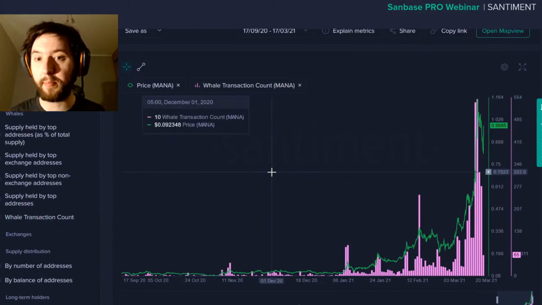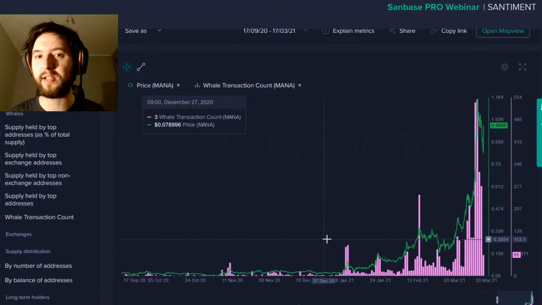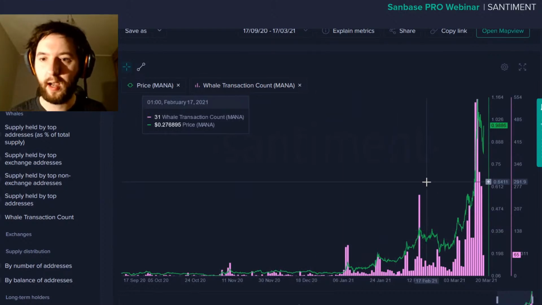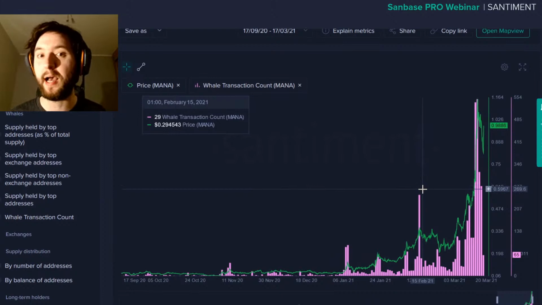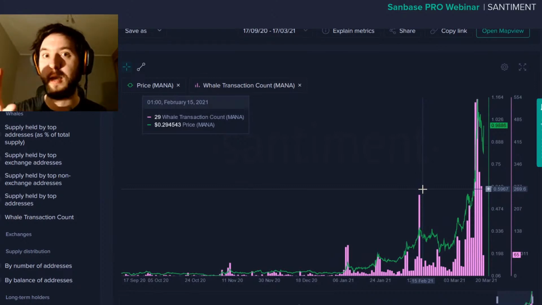So the drawback of the metric is that as the price of the coin increases, a transfer that would not fall into this category 5 days ago might fall into this category now, right? So it doesn't necessarily mean that there are more transfers of that sort, in terms of the amount of Mana coins being transacted on the network.